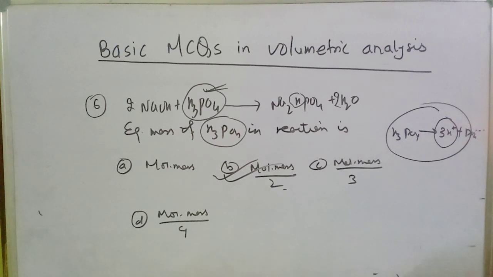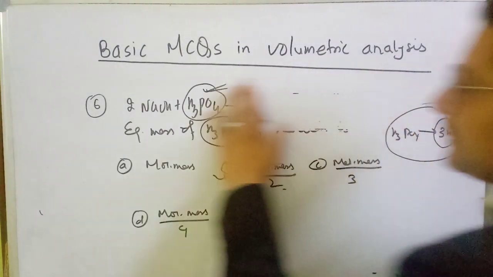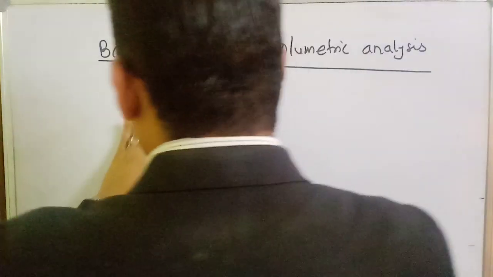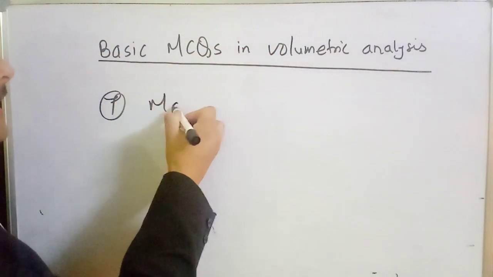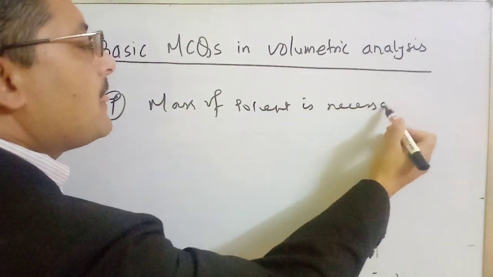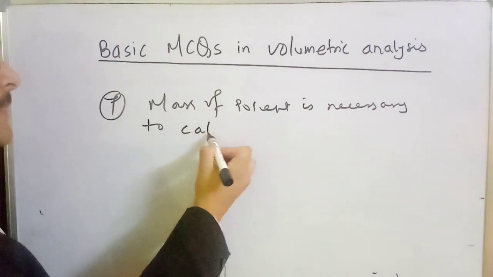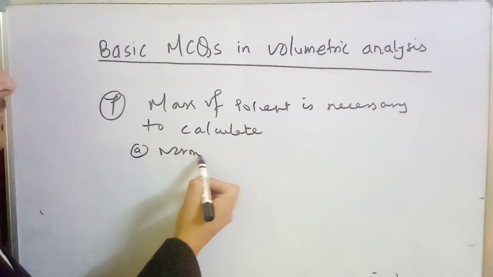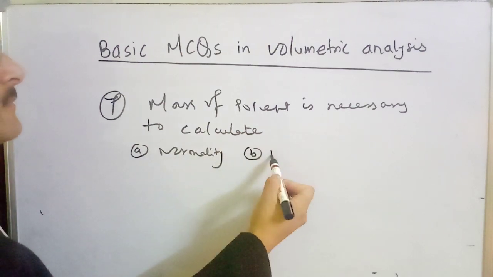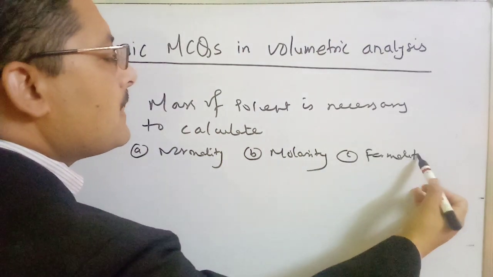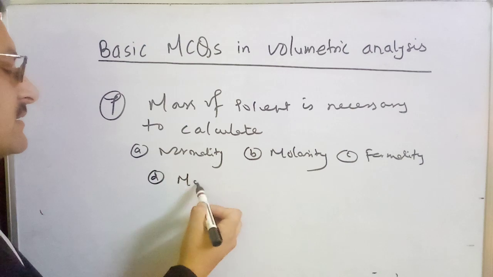Okay, now we go to the next question. Number 7. Mass of solvent is necessary to calculate: A, normality, B, molarity, C, formality, or D, molality.